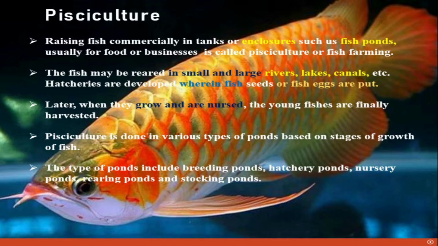See, fish may be reared or cultured in small or large places, like rivers, lakes, canals. Hatcheries are developed wherein fish seeds or fish eggs are put. It's nothing but an egg. From the eggs, young ones come out. Then after that, what will happen?